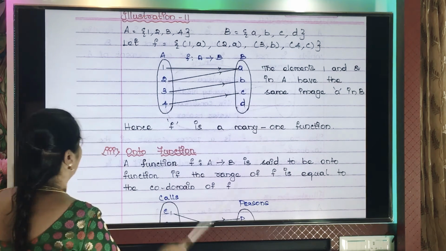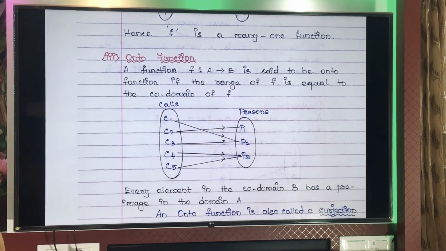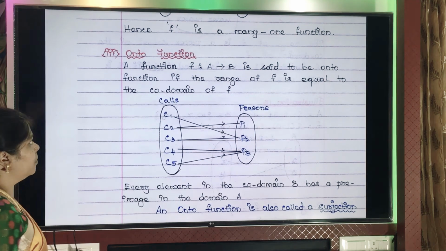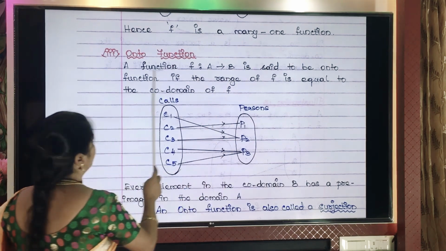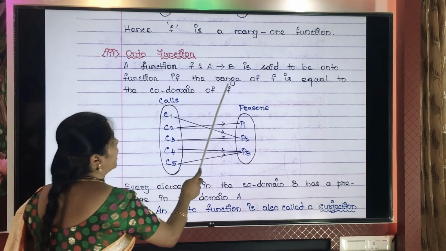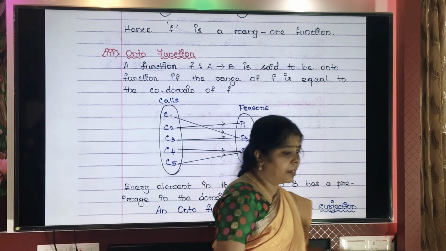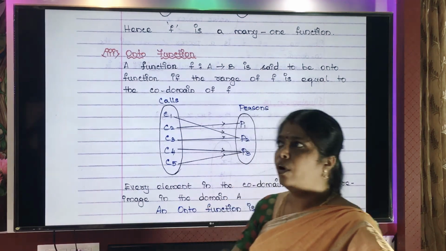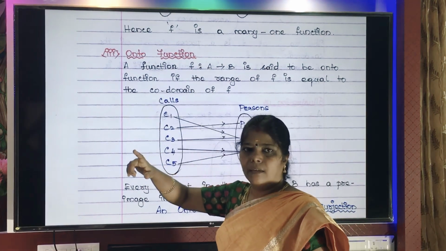Now let us move on to the next type of function, which is called an onto function. A function from A to B is said to be onto if the range is equal to the codomain. In the previous sessions we have been discussing that the codomain is the set of elements in the second set.